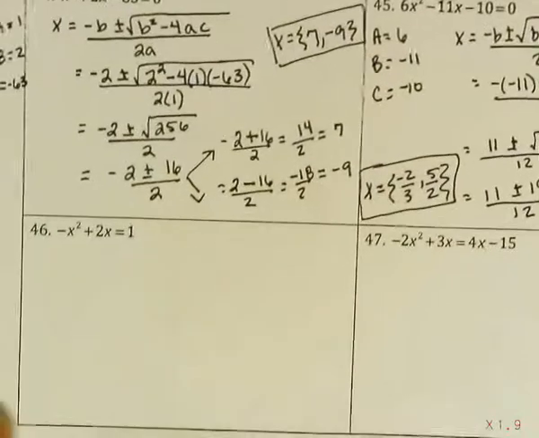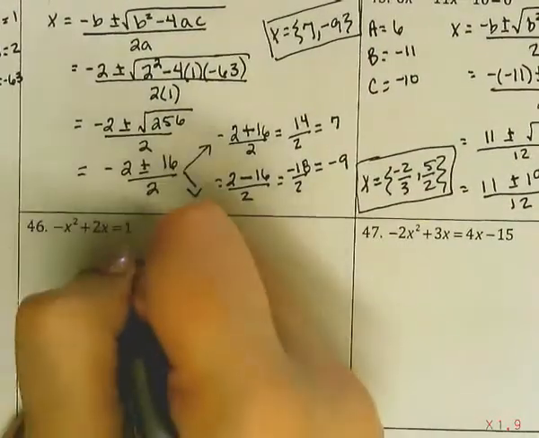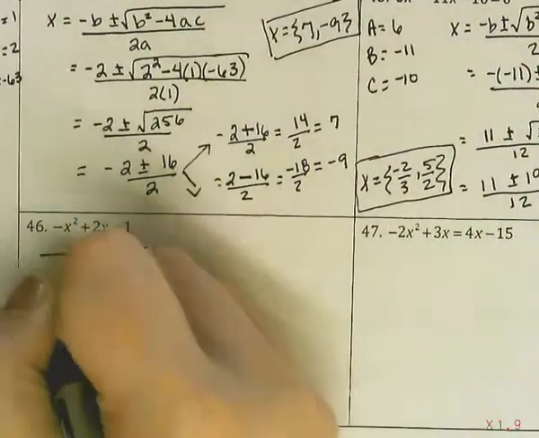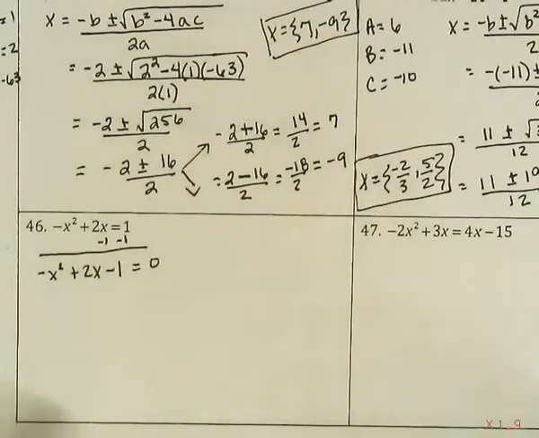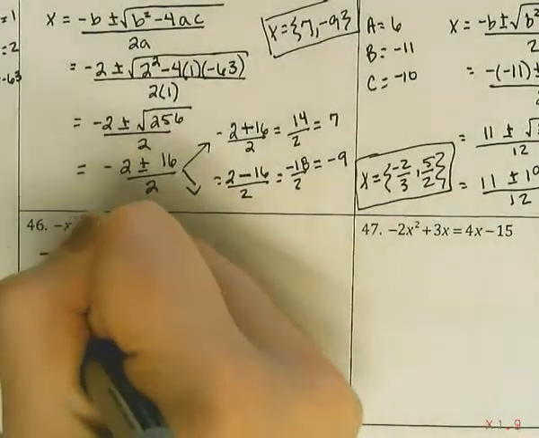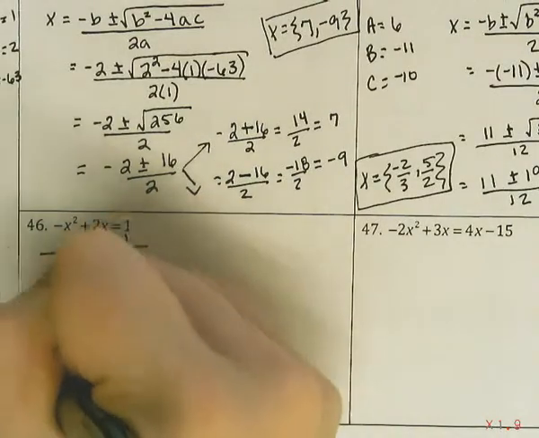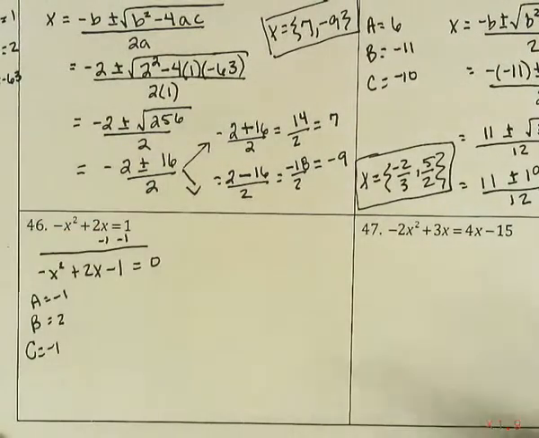Okay, number 46. They have to be set equal to 0 before we can solve. So negative x squared plus 2x minus 1 equals 0. A is negative 1. B is 2. C is negative 1.